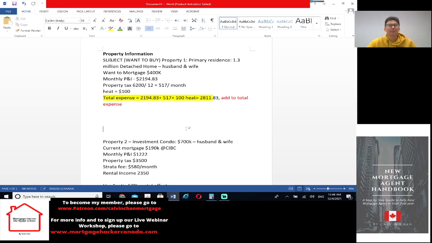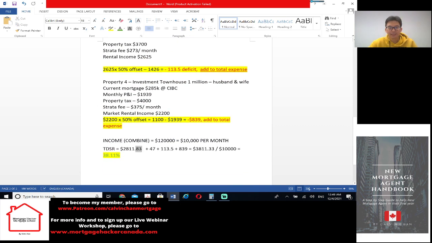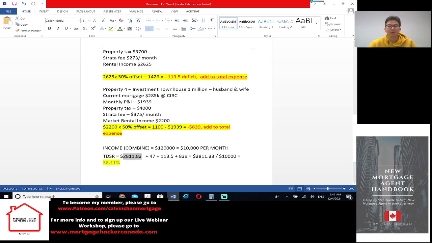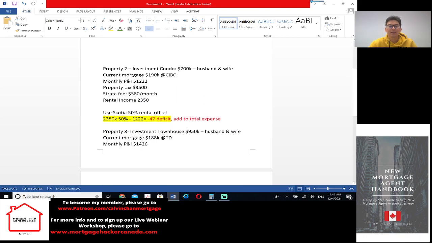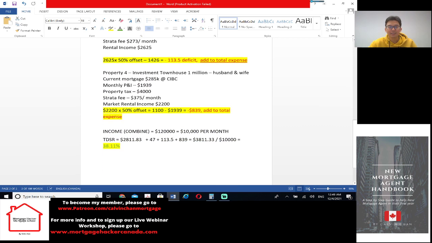Okay, so what we are going to do in that case is this principal residence, which is the subject property that they want to buy, all right, we put it there. The total expense is 2,811.83 plus the rental deficit of this investment condo, $47, which is here.